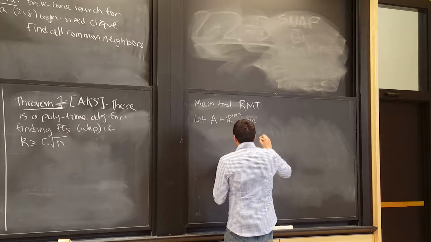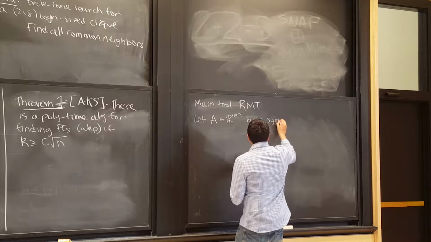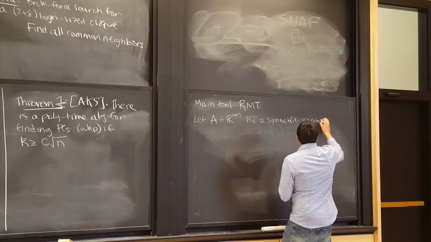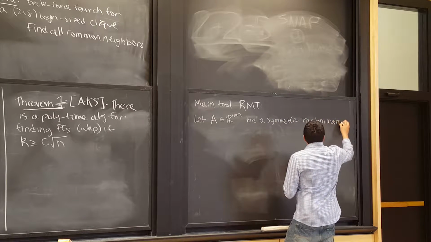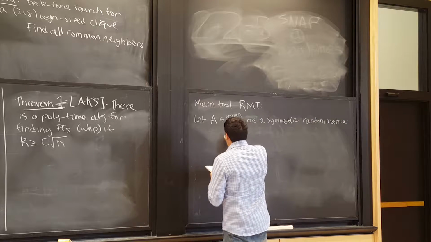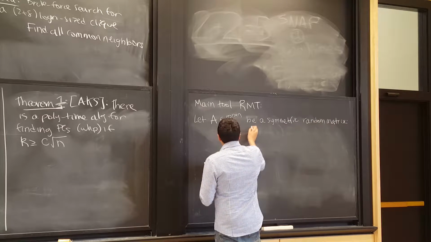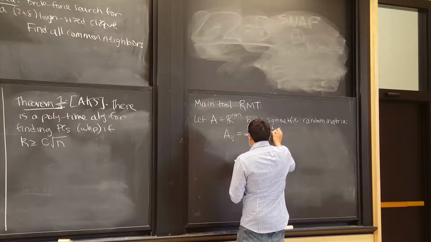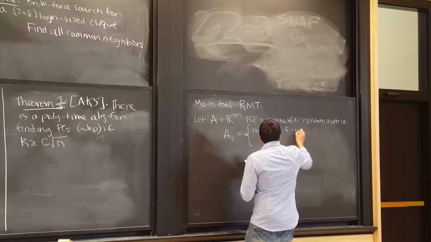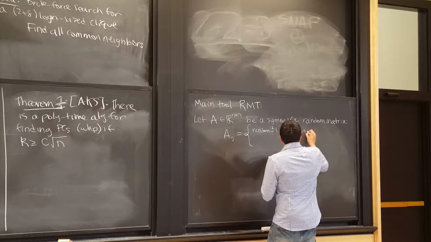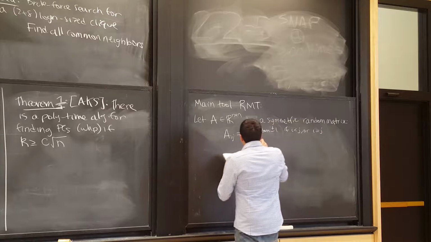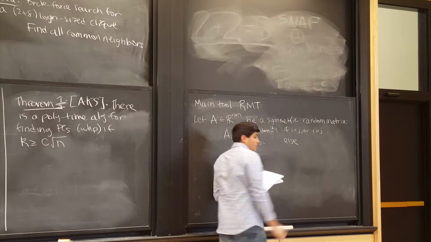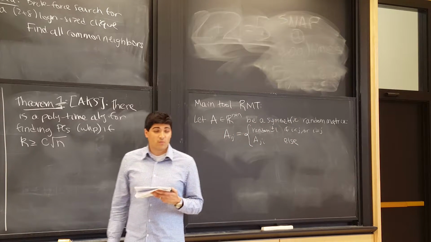In fact, we're going to make it a symmetric random matrix whose entries are chosen as follows: for each entry a_ij, it'll be a random plus or minus 1 if i is less than j, or we're along the diagonal. And otherwise, we're just going to set it equal to whatever it should be in order for it to be symmetric. So this is the world's simplest random matrix.